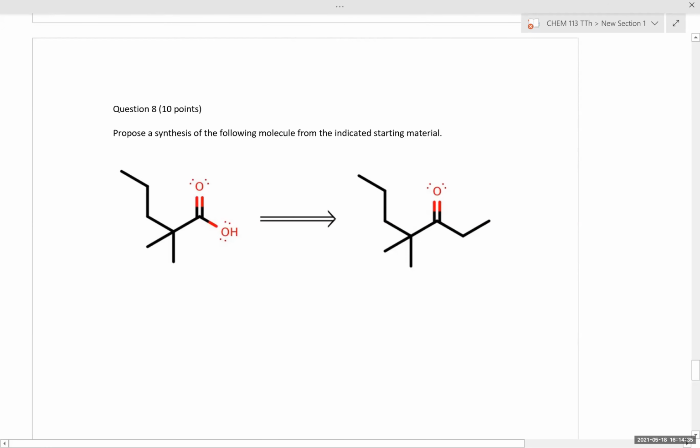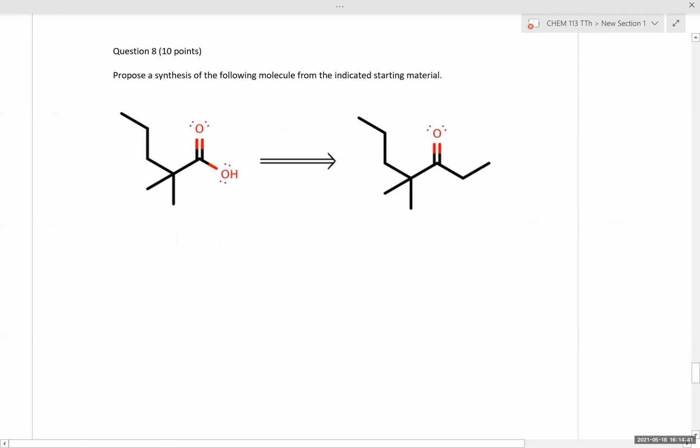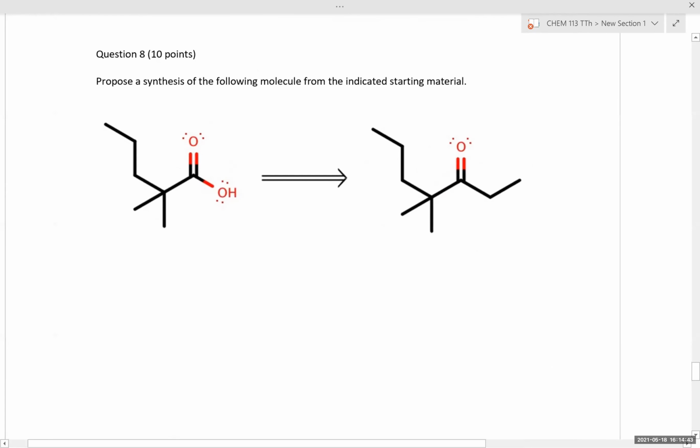In this case, we're asked to propose a synthesis of the following molecule from the indicated starting material. So how do we do it? What reaction is useful for this transformation?